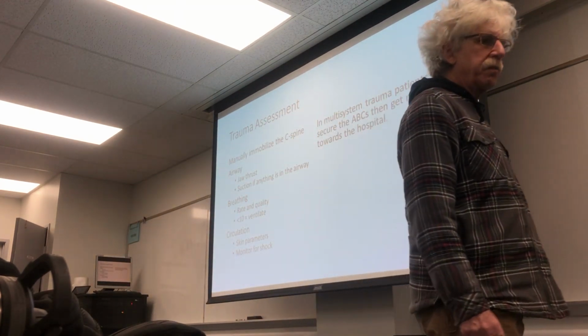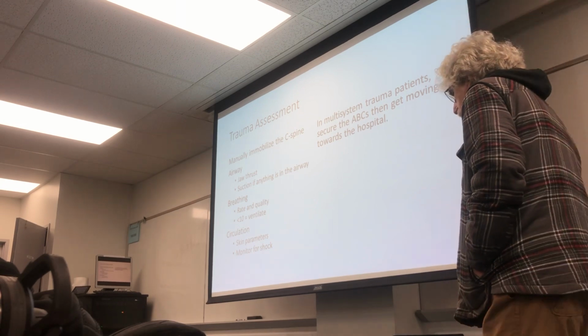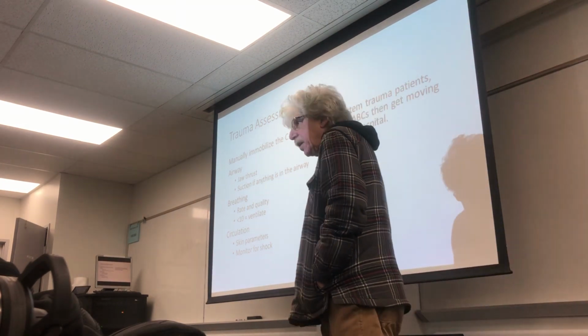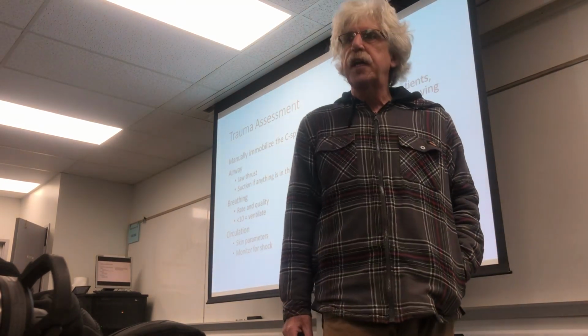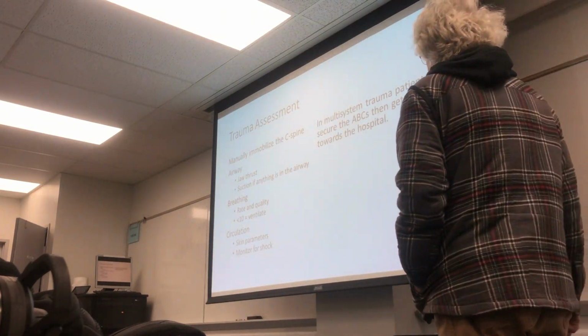In failure, you're going to use a BVM. In respiratory distress, we give oxygen. How do you determine failure from distress? In failure, either you have shallow respirations or you have a bradypnea.